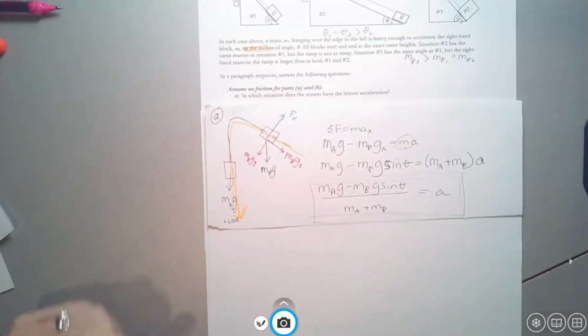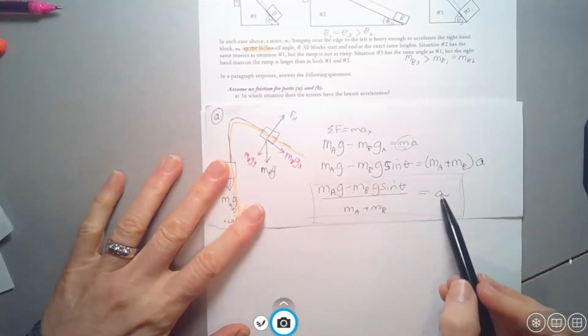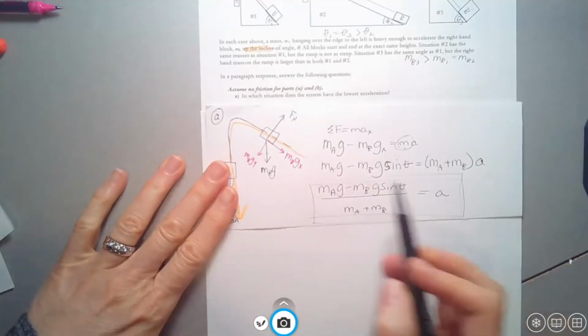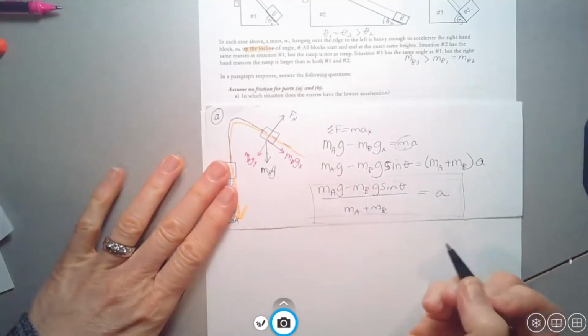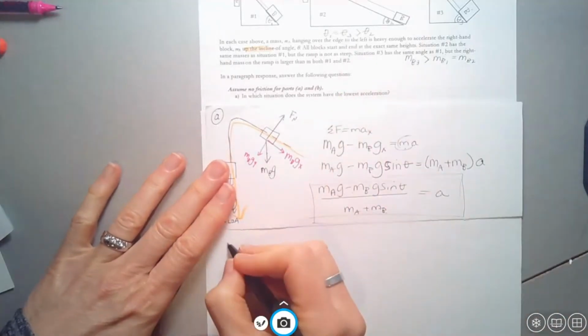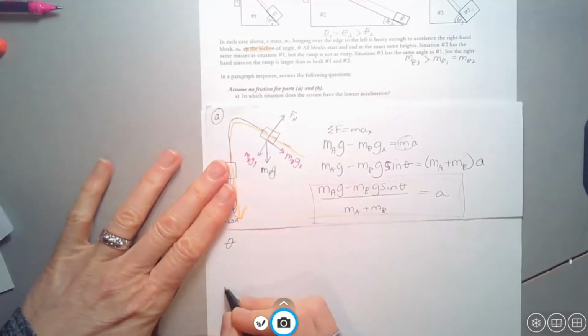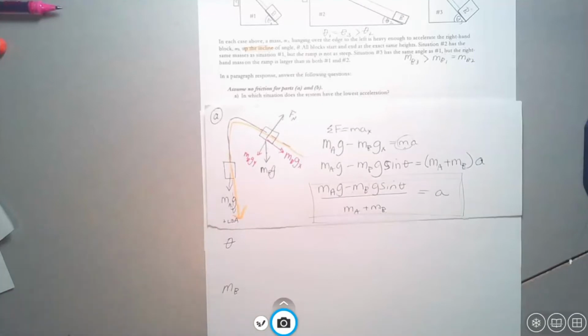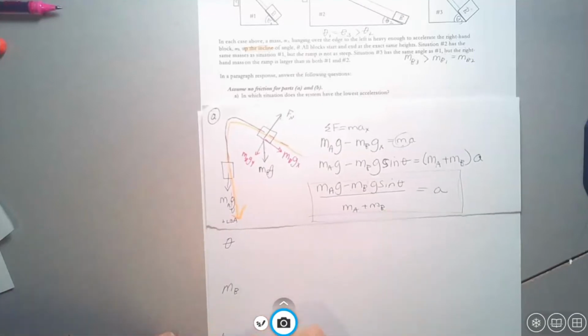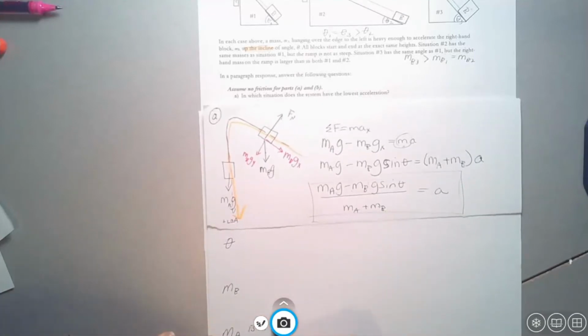So now let's make a proof to answer the question, when is this acceleration going to be lowest? So we're going to look at these different variables. The ones that are changing are theta and the mass B. So we have to examine both of those to see what's going to happen, okay? We know that MA is always the same.